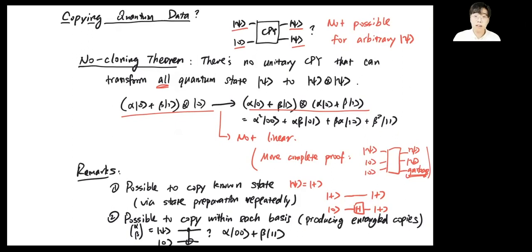Notice that for each of the bases, we have accomplished something that resembles a duplication of data. And in fact, we have studied this in the last lecture extensively. This is how we produce entanglement or entangled copies of quantum data.